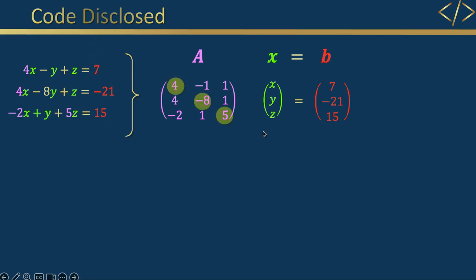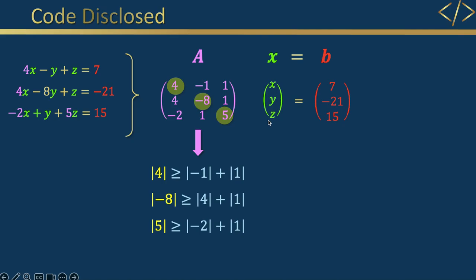All right, let's take matrix A. The diagonal entries of matrix A are 4 for the first row, minus 8 for the second row, and 5 for the last row. We need to check: is the absolute value of 4 larger than or equal to the sum of the absolute values of the off-diagonal elements, minus 1 and 1?